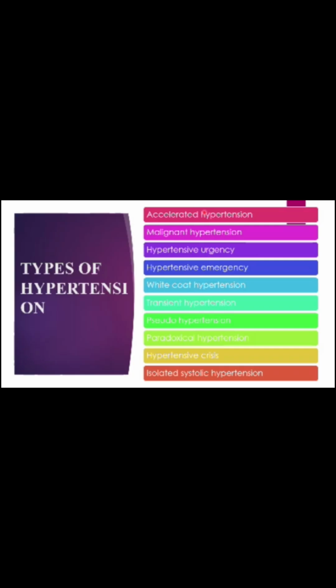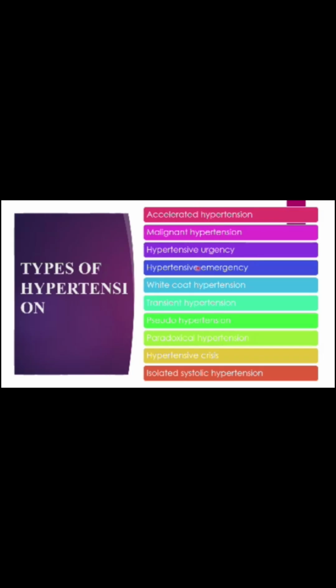Then malignant hypertension, when there are side effects like organ damage. If the BP is more than 200 by 130 mm of Hg, it may cause retinopathy, renal dysfunction, heart disease, etc. Then hypertensive urgency and hypertensive emergency.